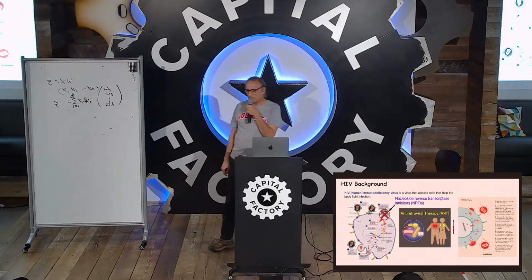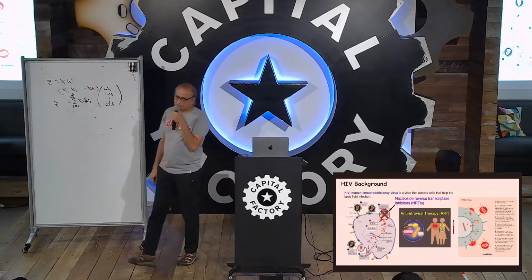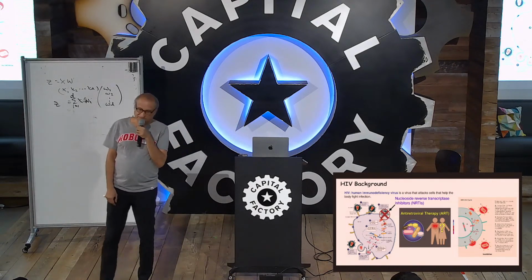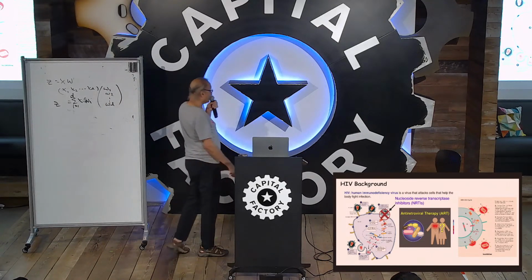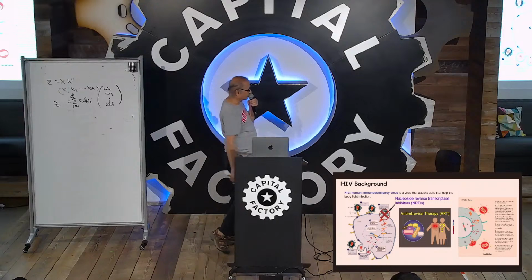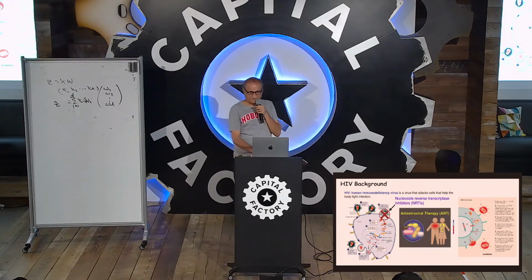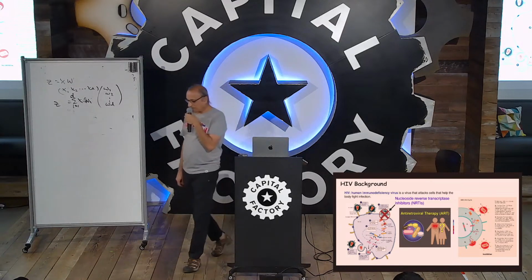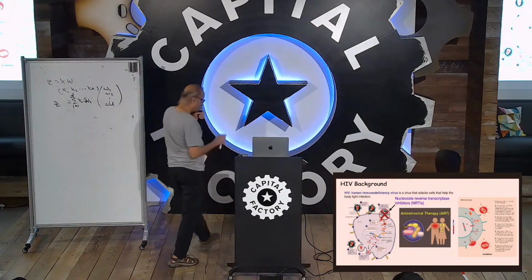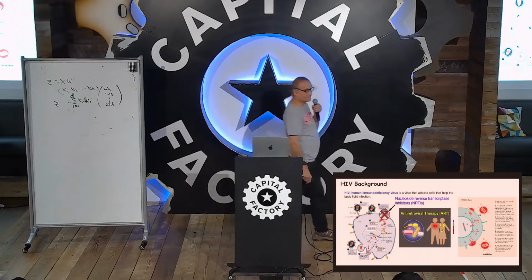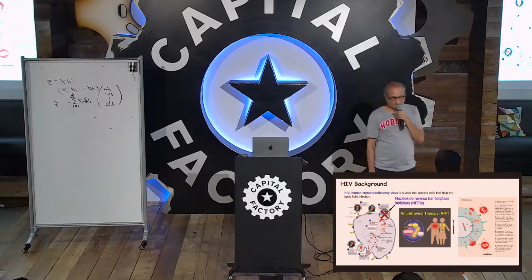So how does HIV work? HIV works very similar to how COVID works. It's a single strand RNA that binds to the cell here. Once it binds to the cell, it has a protein called reverse transcriptase, RT.